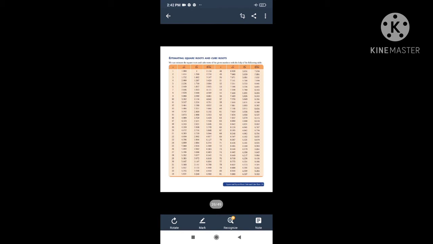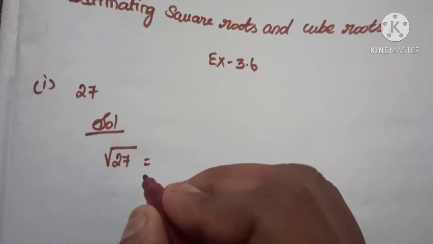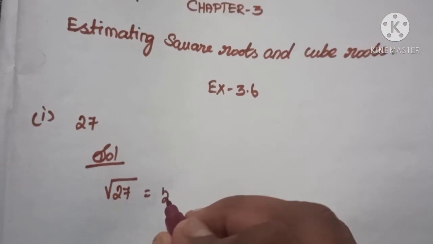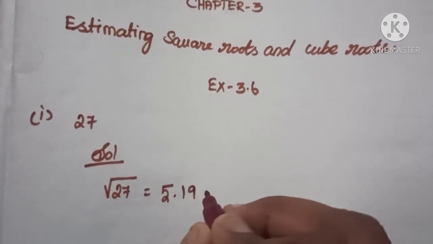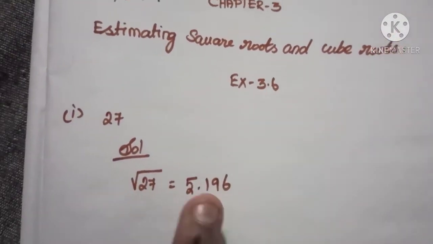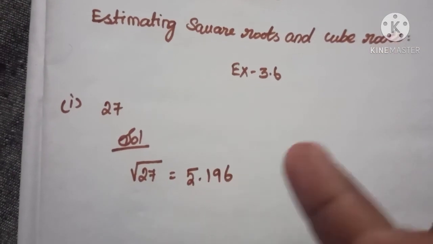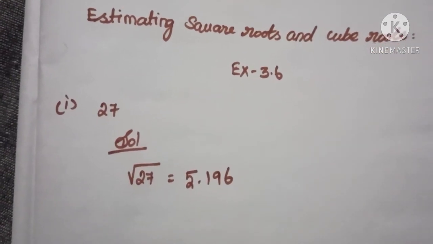So you need to see the value of 27. Here it is 5.196. Using that table, the square root of 27 is 5.196. That's an easy step. It is only one step you need to do by using the table.